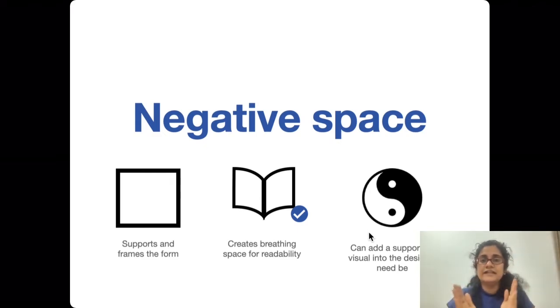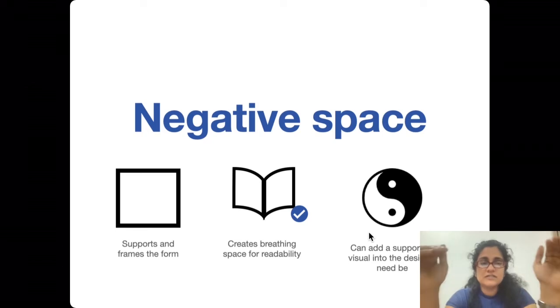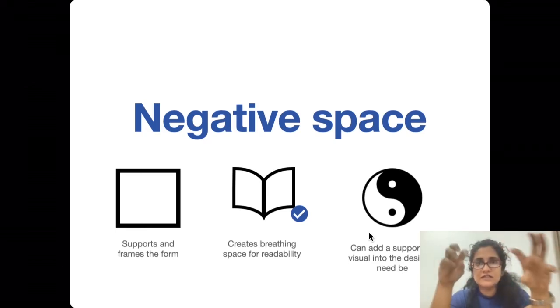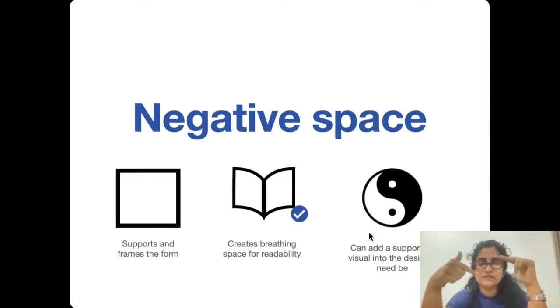If things are arranged too tightly together, then it becomes very difficult for your mind and your eyes to decide which way to see things. Should I see that first, or should I see this first? Or should I see this first? So when the eye becomes confused, then the message is lost. Which is why negative space is important, because it allows the artwork to breathe. It gives you leftover space for your artwork to breathe.